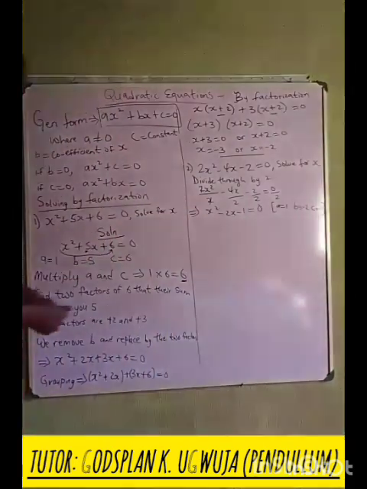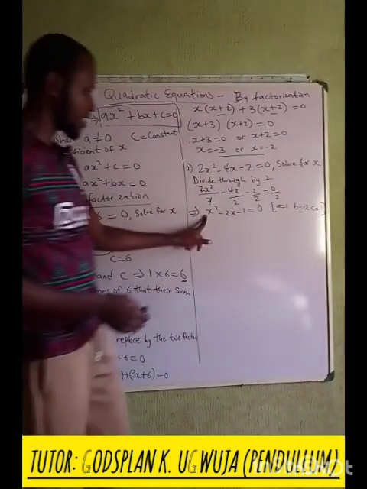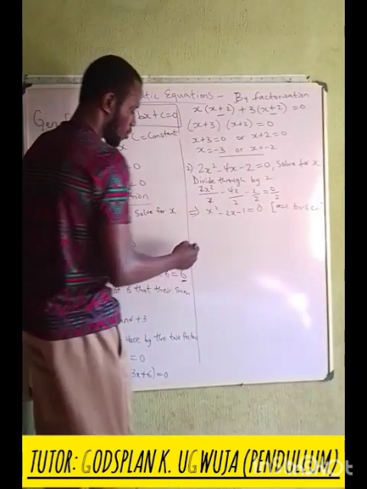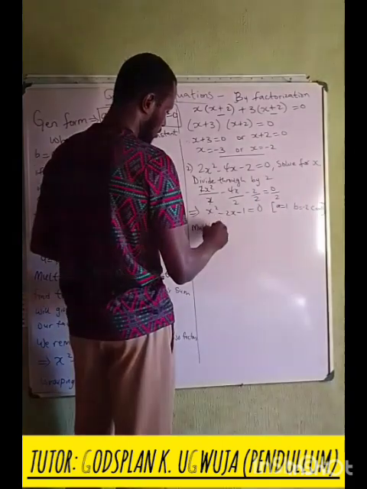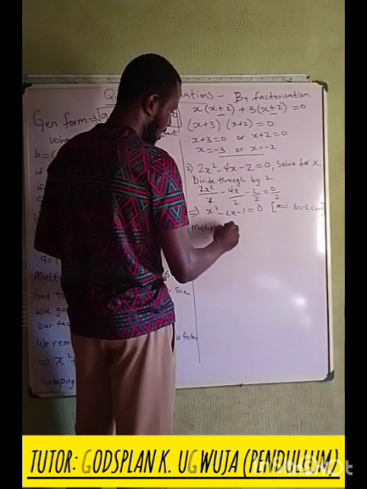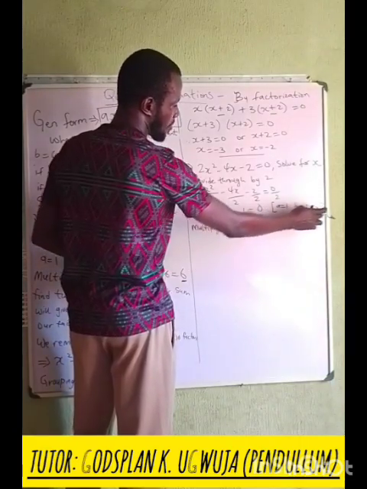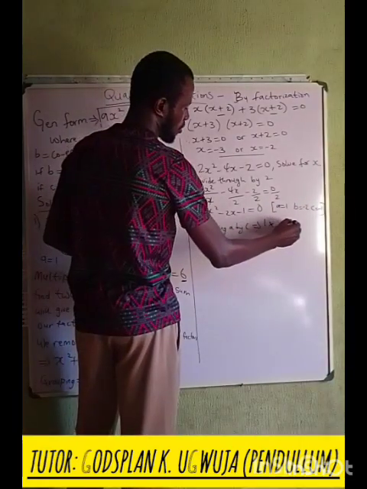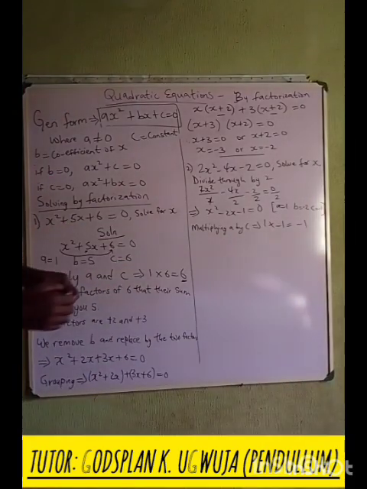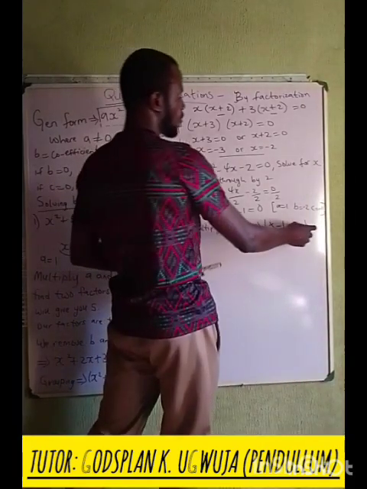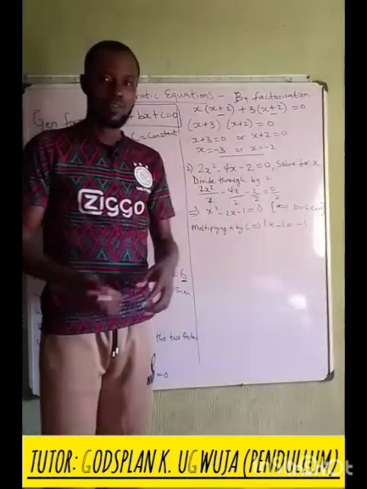Now, what do we do here? First thing we did, just like we did here, multiply a by c. Multiplying a by c, we are going to have 1 times minus 1, which is minus 1. Then we're going to look for factors of minus 1 that when we add, we'll get minus 2.